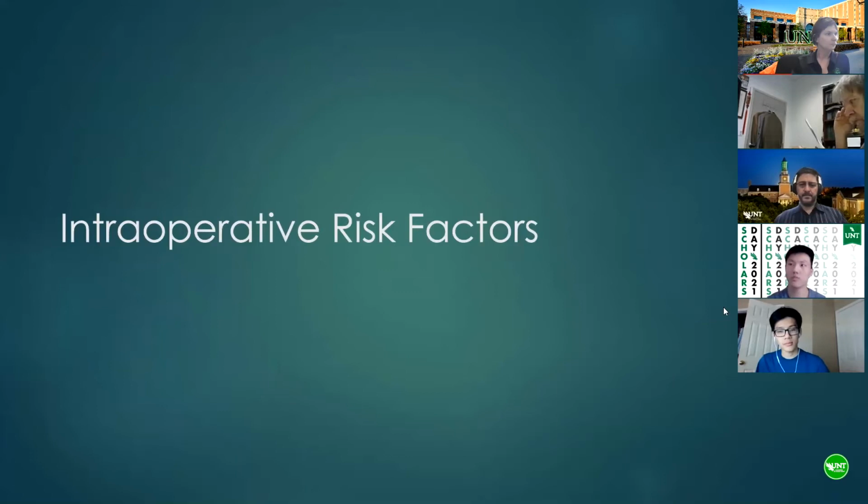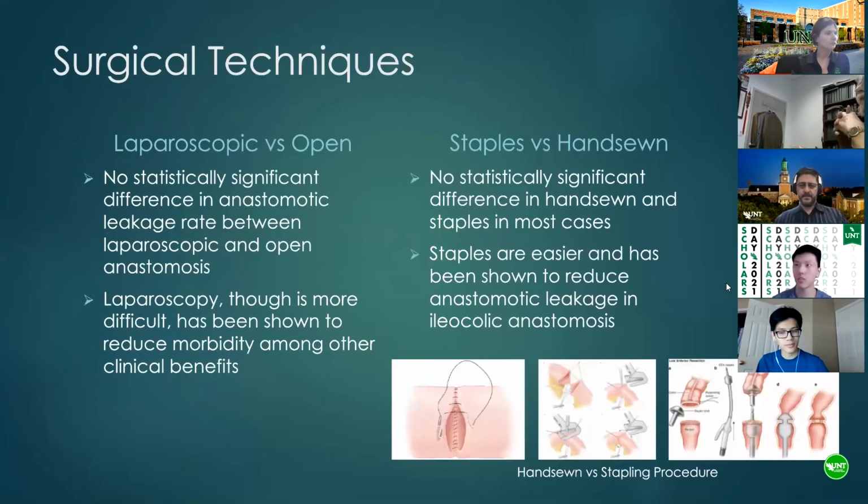So intraoperative risk factors. These are risk factors that come with techniques or prevention methods during the surgeries themselves. So first up, we are discussing surgical techniques. There are several types. First off, we'll be focusing on laparoscopic versus open surgery.